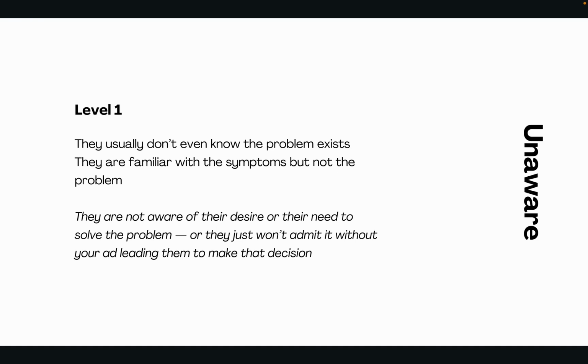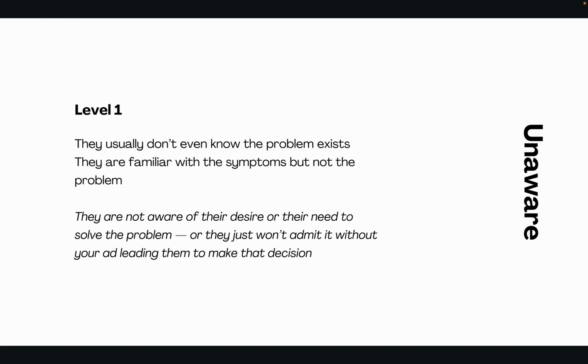Just like someone said, they are not aware of their desire or their need to solve the problem, or they just won't admit it without your ad leading them to make that decision. I'm paraphrasing Schwartz there. So they are not aware of their desire or the need for that particular solution, but they're kind of familiar with the symptoms.